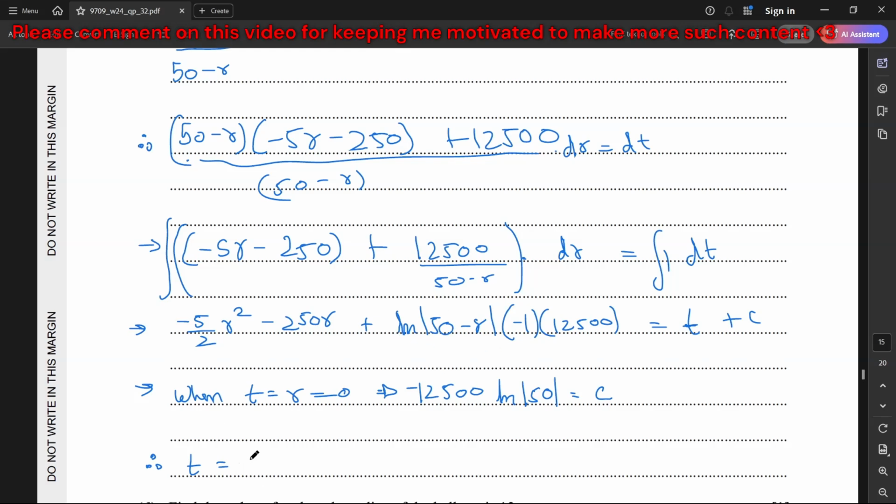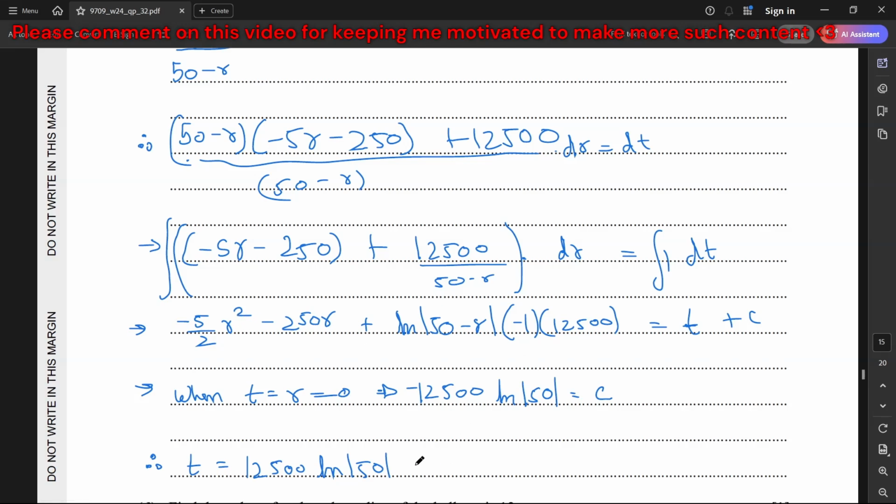And this shows that the final expression of t is going to be, everything over here seems to be negative except this term. So I'm going to write 12500 ln 50. Okay, I'm shifting my c to the left hand side, so that is why this negative becomes positive now.